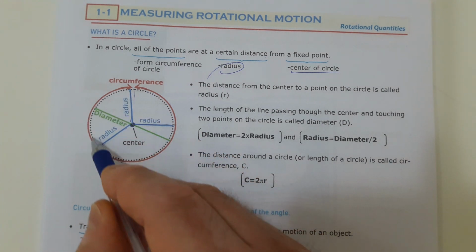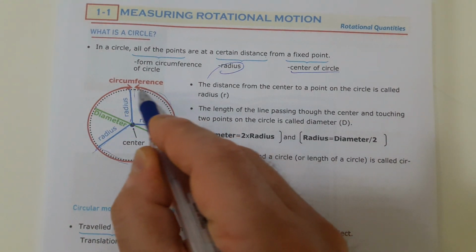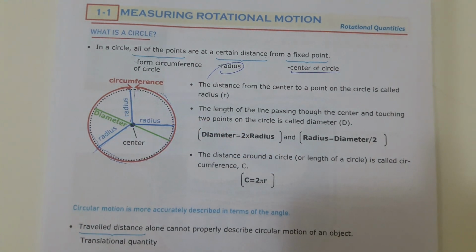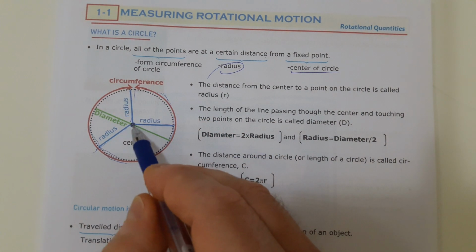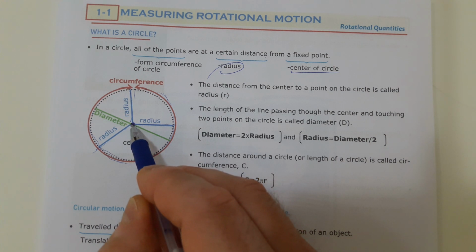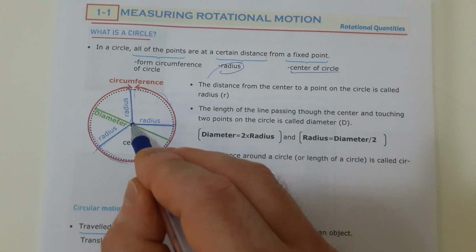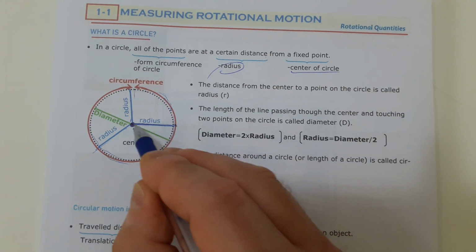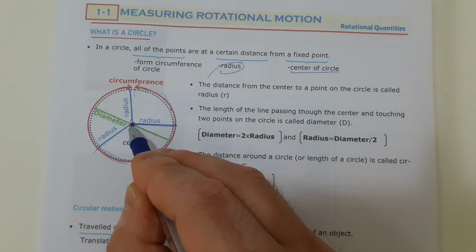This circular line is called the circumference of the circle. So this is the fixed point, which is the center of the circle. And every point on a circle is at a certain distance from the center.